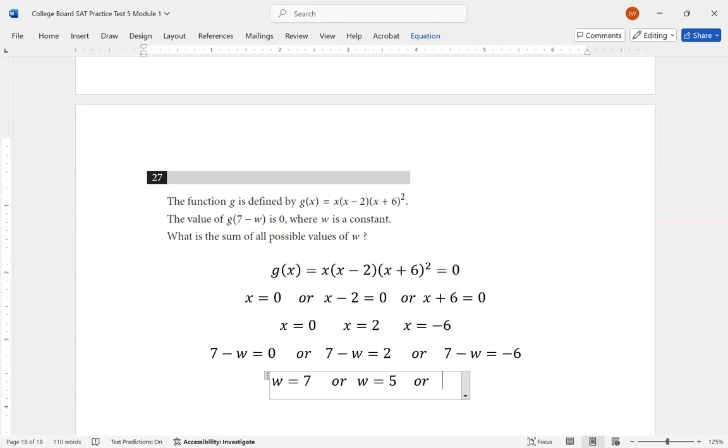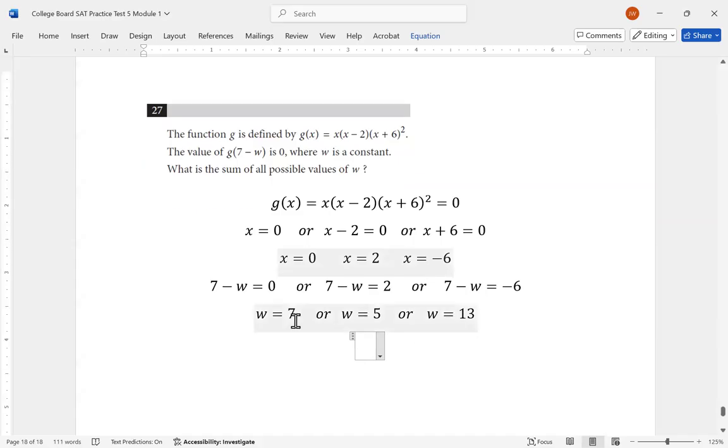Solving the third equation gives me a w which is equal to 13. So what is the sum of all possible values of w? I take 7 plus 5 plus 13, and we get the sum, which is equal to 25. So 25 is the answer there.